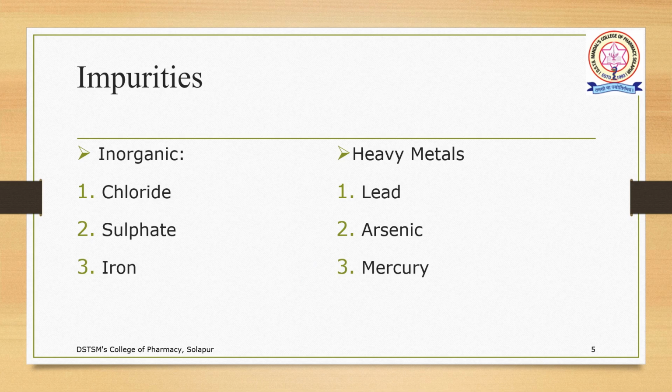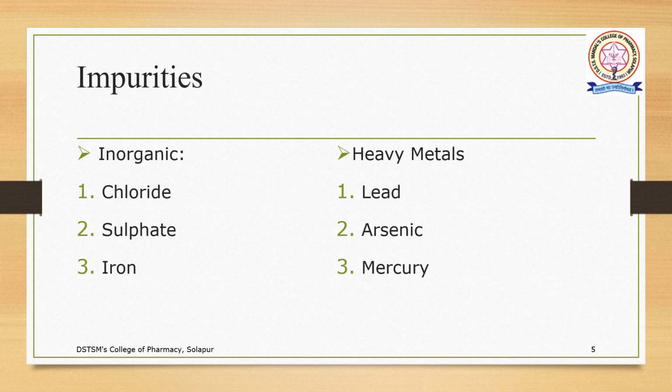The impurities may be inorganic or heavy metals. Impurities like chloride, sulfate, iron are not that much harmful, and impurities like heavy metals, that is, containing lead, arsenic, mercury, titanium, etc. are harmful or toxic in nature.